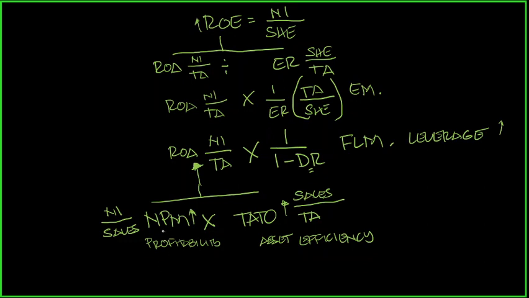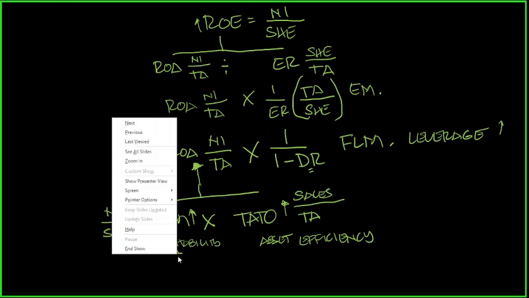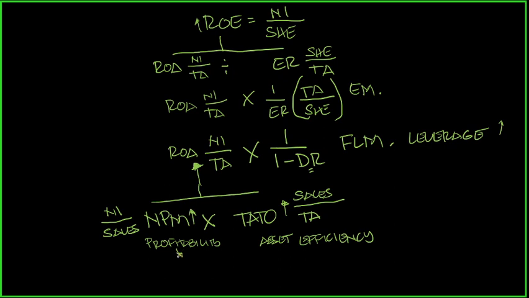Another way to understand your net profit margin is by dividing this into two components. You have your contribution margin ratio times the margin of safety ratio.